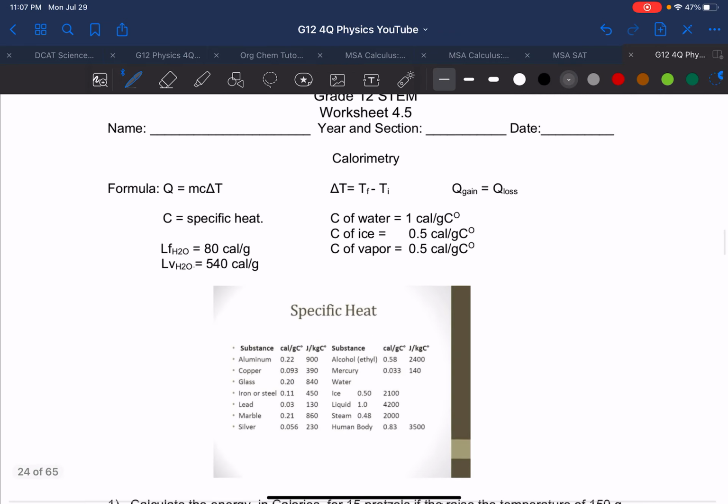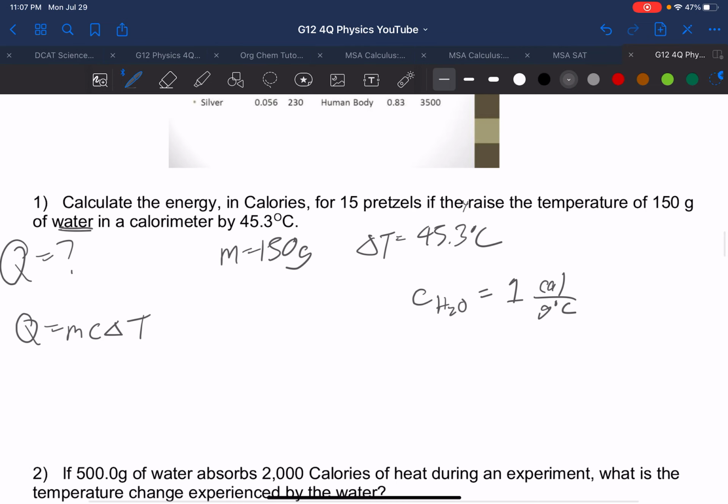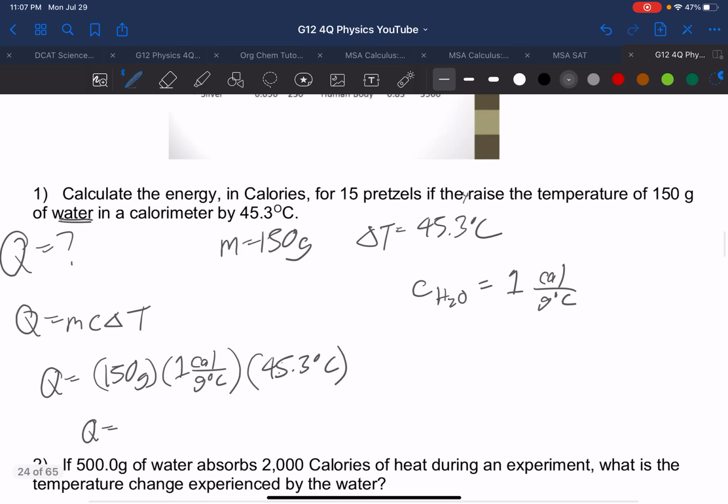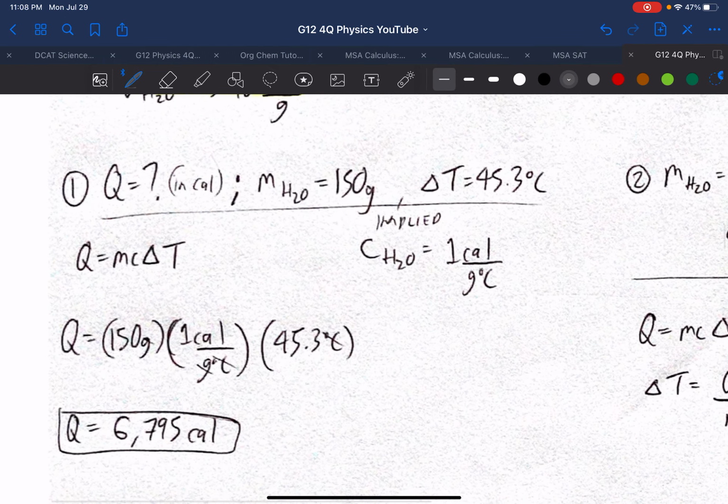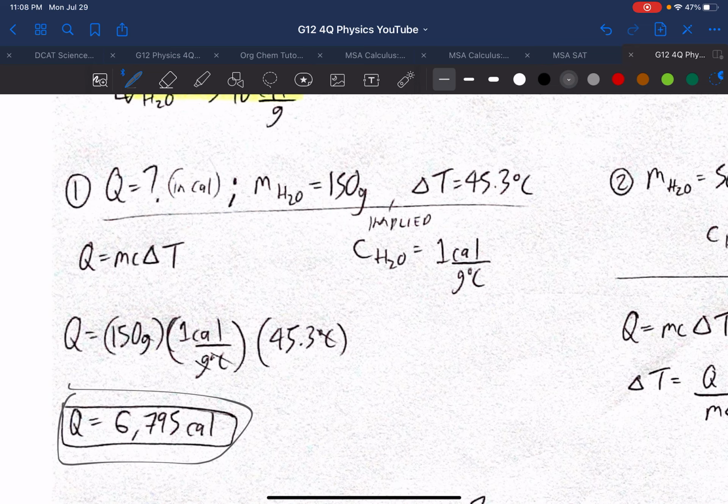Yes, that is correct. So Q is equal to mass is 150 grams, specific heat is 1 cal over g times degrees Celsius, and the change in temperature is 45.3 degrees Celsius. 150 times 45.3, what is it? It's this one, 6,795.